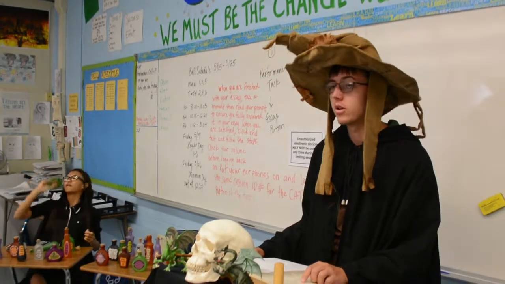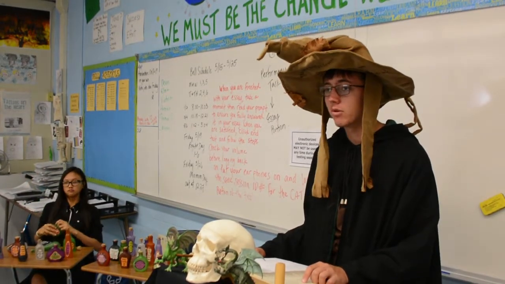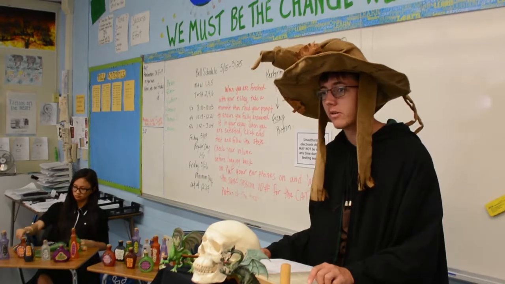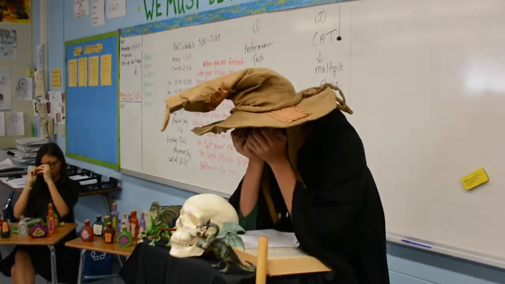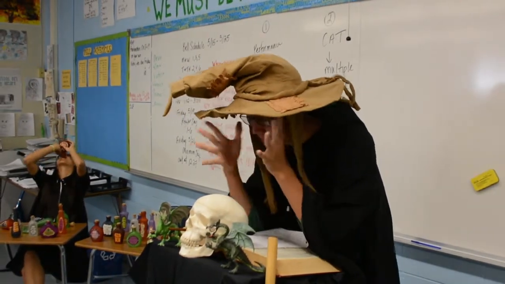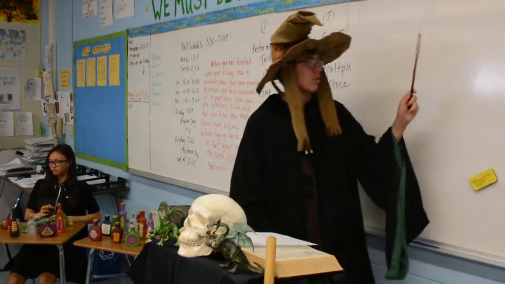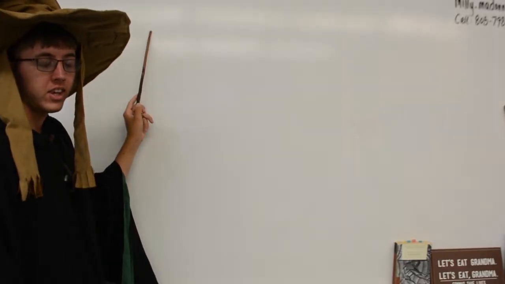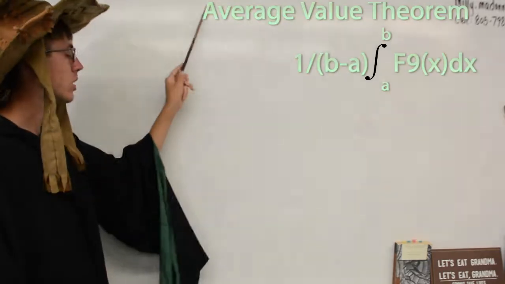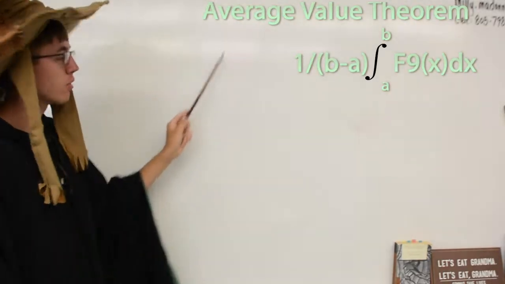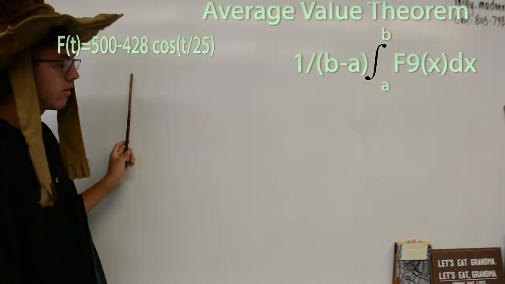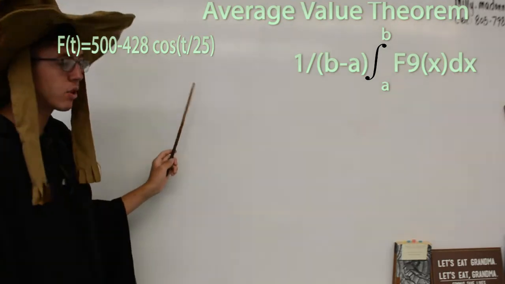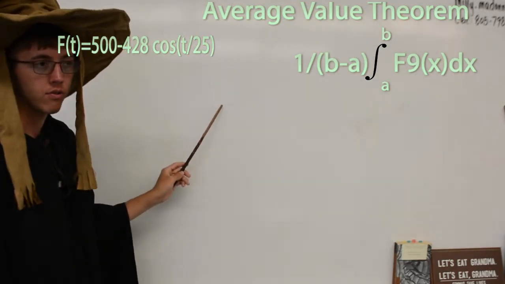Okay, I've done everything. What do I do now? Well, that's when you extinguish the flame and stir in a clockwise motion for the number of times corresponding to the average temperature of the cauldron over the brewing time. Fine. Here's how you find the average temperature of the cauldron. We would use the average value theorem, which is 1 over b minus a times the integral from a to b of our temperature function, which is still 500 minus 428 times the cosine of the time over 25.